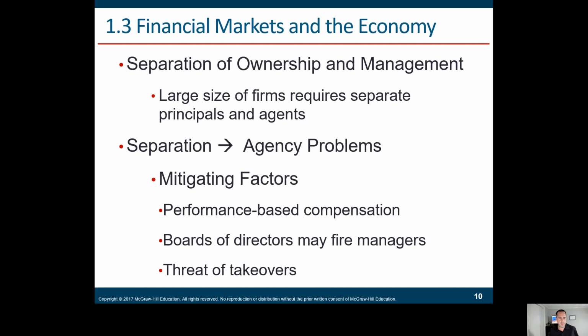Separation and agency problems. So, those are mitigating factors. Let's use a simple example. If you're the owner of the restaurant, and your friends come in and you comp them a meal, you're aware of the cost to that. It actually comes out of your pocket as the owner.